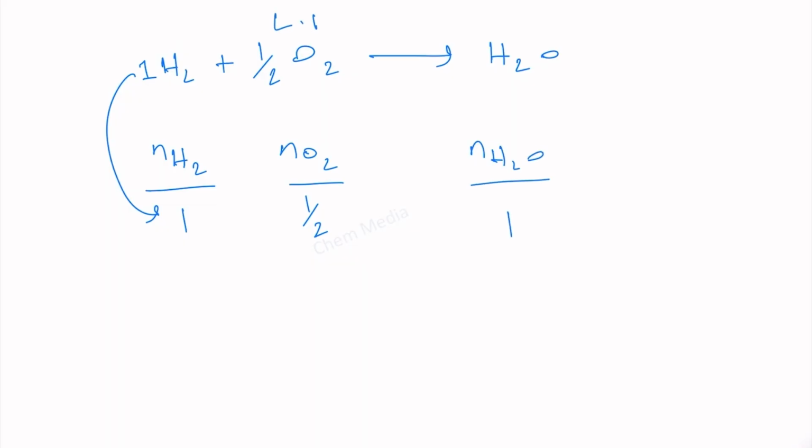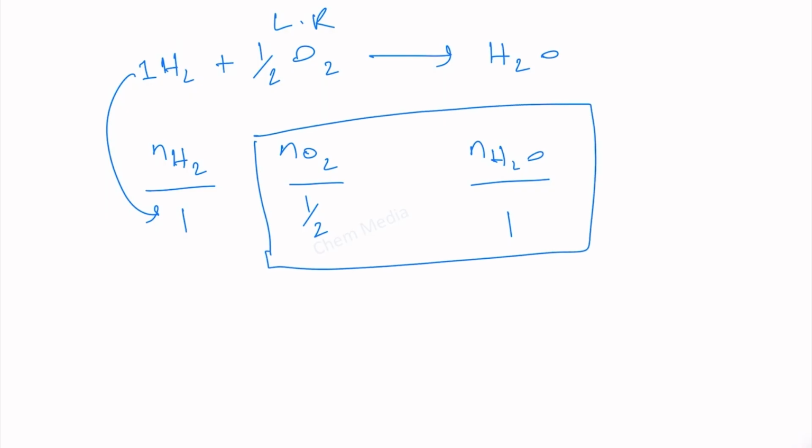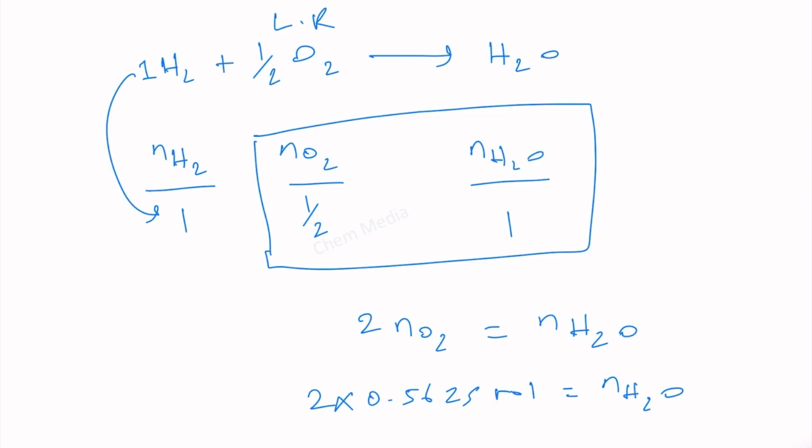Because O2 is the limiting reagent in option E, we have to compare these two. Therefore, 2 times the number of moles of O2 is equal to number of moles of H2O. Therefore, the number of moles of O2 that we have in option E is 0.5625 moles, that is equal to number of moles of H2O.